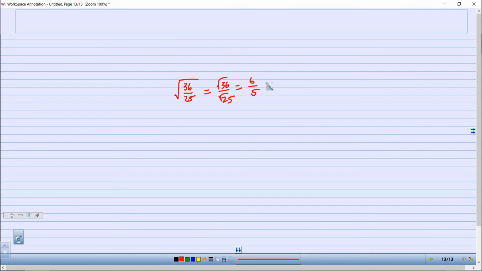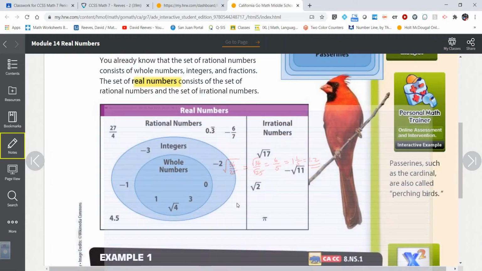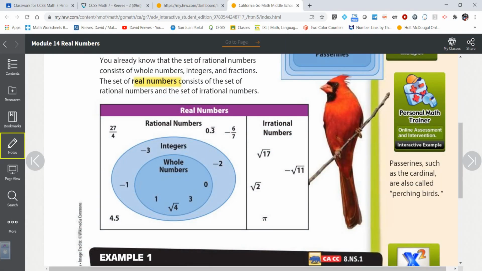That is 1 1/5, which is 1.2. It's not a whole number, but the top and the bottom are whole numbers, and you'll notice it ends. As opposed to these other ones, if it's filling your calculator screen, then it's irrational.